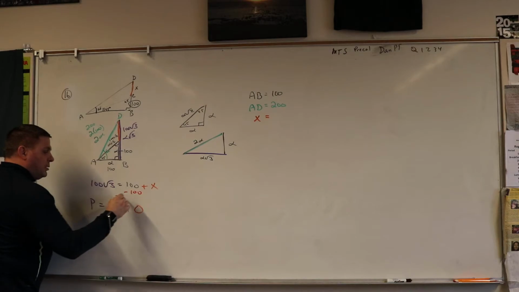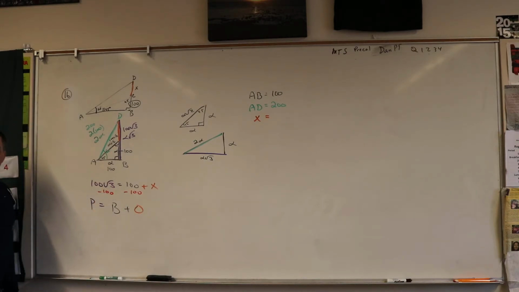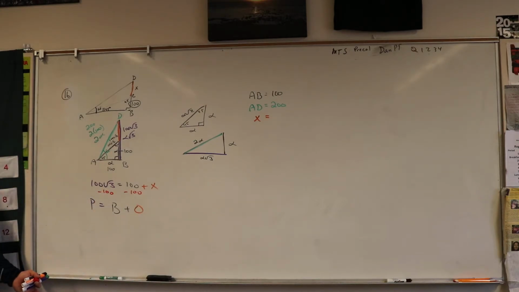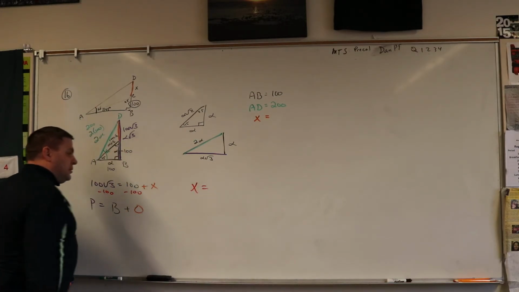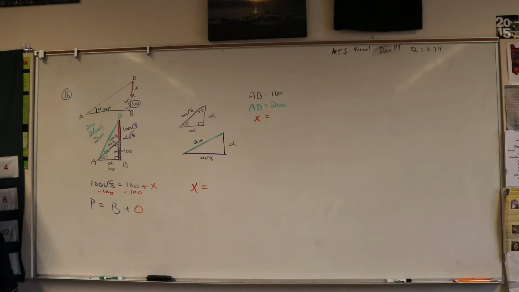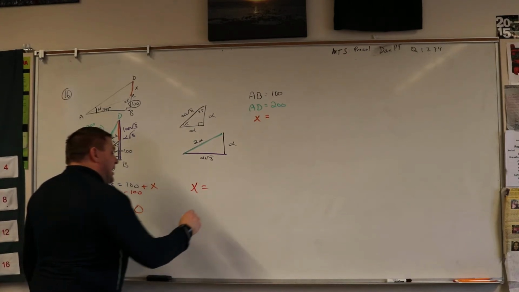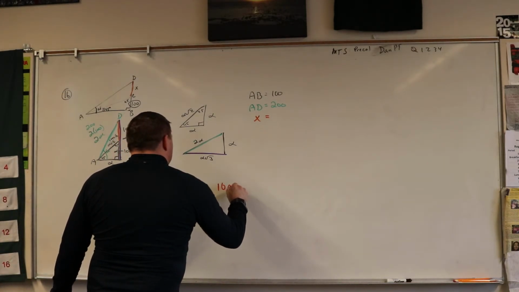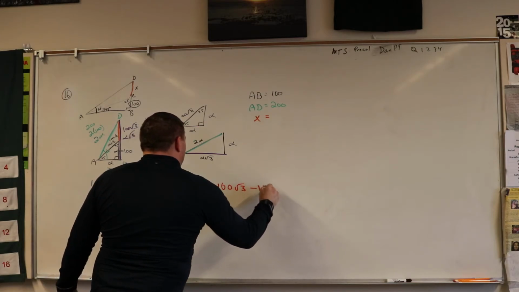So simple algebra, right? Subtract 100 from both sides. So what is X equal? No. It's 100 square root 3 minus 100.